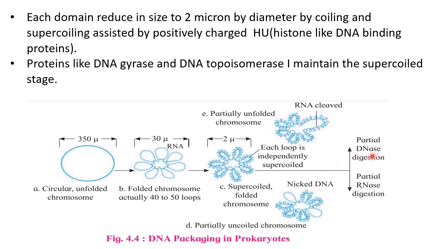The first one is deoxyribonuclease, which carries out partial digestion, which helps to cut DNA as well as to uncoil the DNA. Here we see the DNA has become uncoiled. This is due to the enzyme deoxyribonuclease, and such DNA is called nicked DNA, where the uncoiling of DNA occurs.